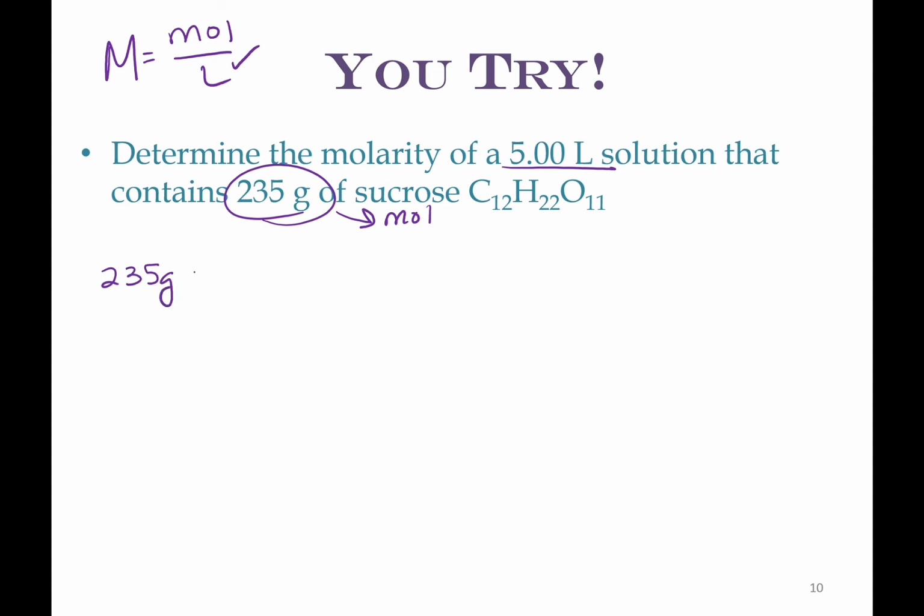235 grams of C12H22O11. So take the molar mass, add that together, you should get 342.30 grams of C12H22O11 for 1 mole. And when you do that math, you should get something like 0.687.